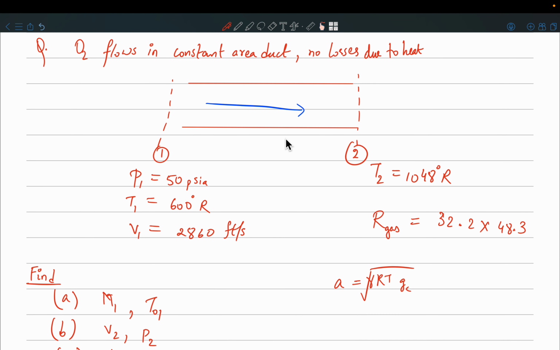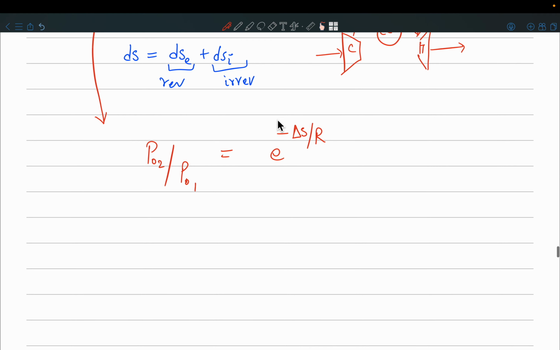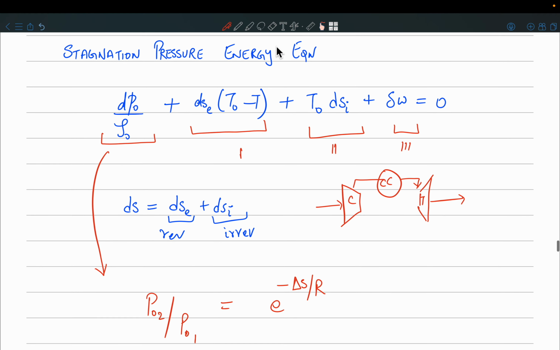In the case of a shock, you will know the stagnation pressure losses based on the Mach number across the shock. You will be given a shock and you have M1 and M2, and accordingly you will have P naught 1 and P naught 2. So that will be a different case. There is no shock over here. Yeah, and for the shock also the formula comes exactly from this stagnation pressure energy equation. So the formula is going to remain the same.